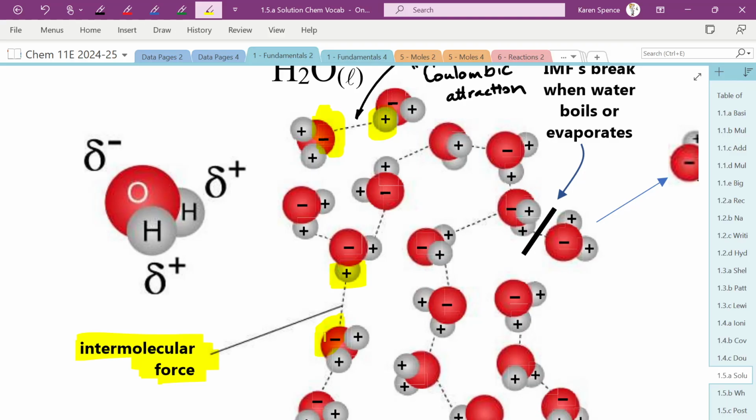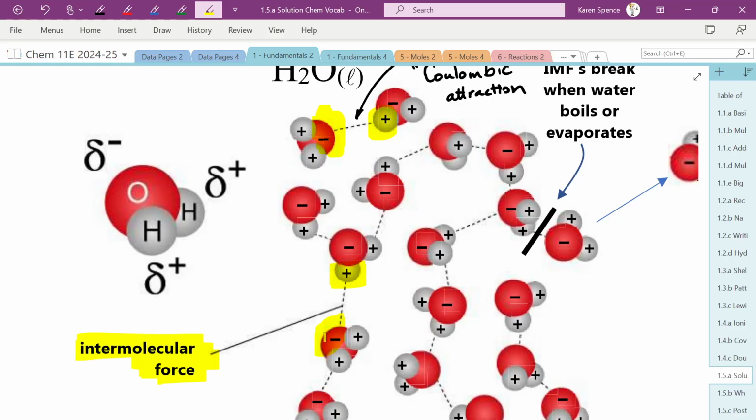So when you have water and you drop some water on the desk, does it completely spread out or does it kind of stay in a puddle? Like, does it just spread out as far as it could possibly spread out, or does it stay in a puddle? Stays in a puddle. And why is that? Chat with your neighbor about that.